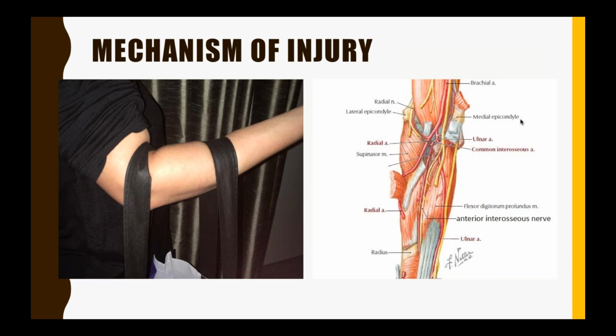And the distal strap of the bag is right over the emergence of the anterior interosseous nerve. So by looking at the mechanism of injury, it correlates quite well with her symptoms.